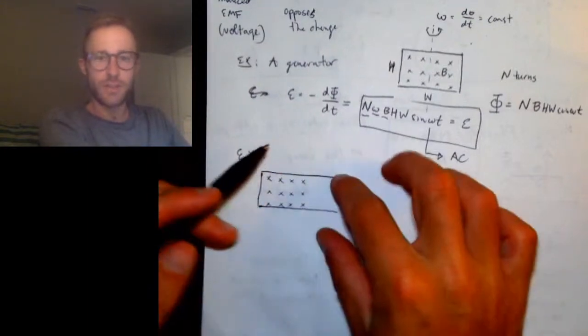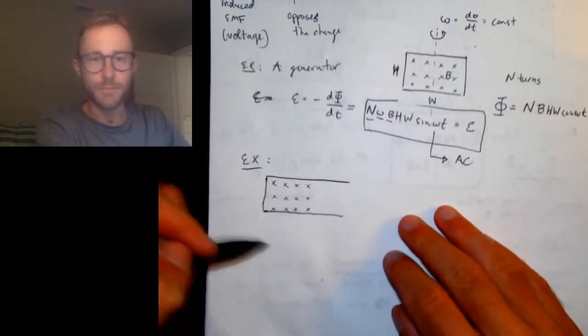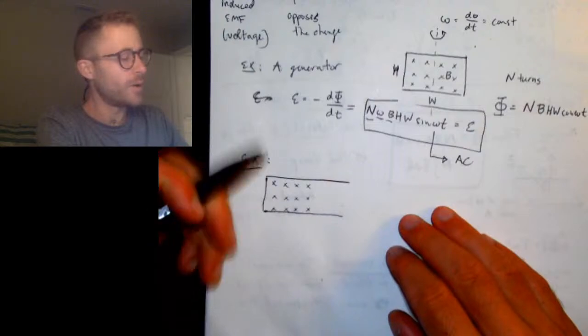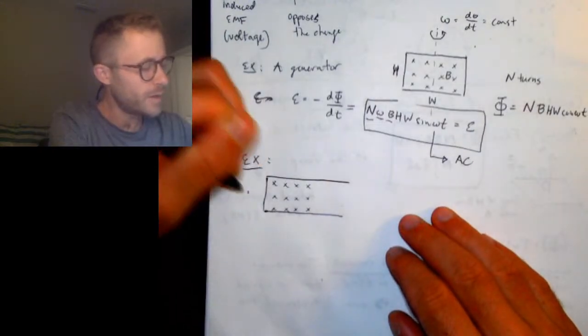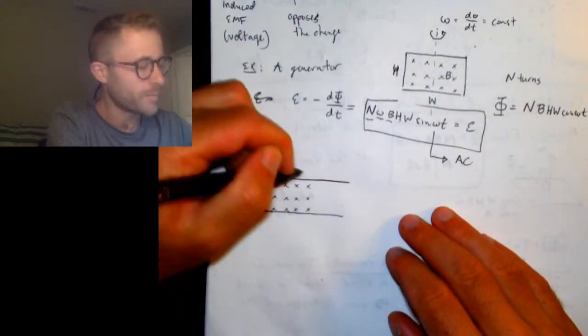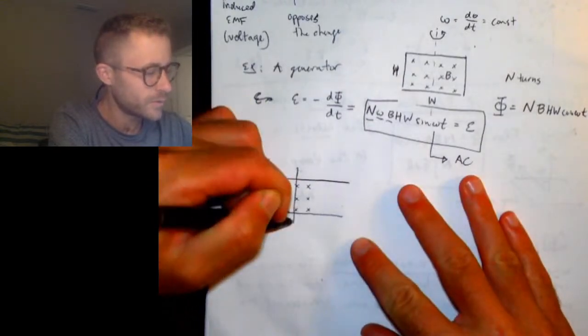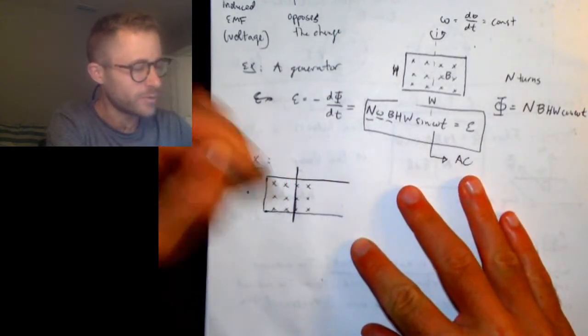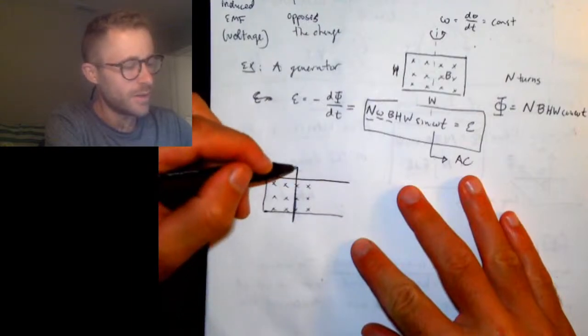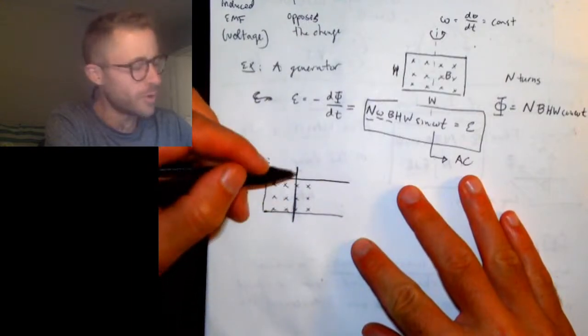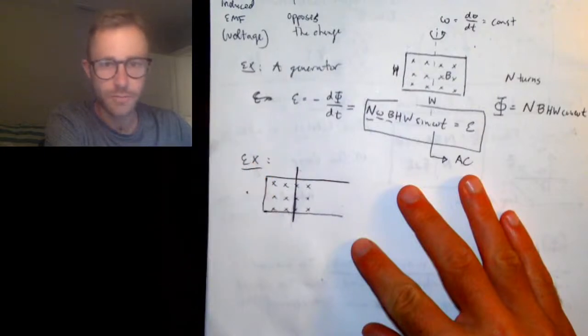And so this in itself is not a loop. But what if we put a bar across this. So this is metal, and this is metal. This is a metal bar that's laying across.